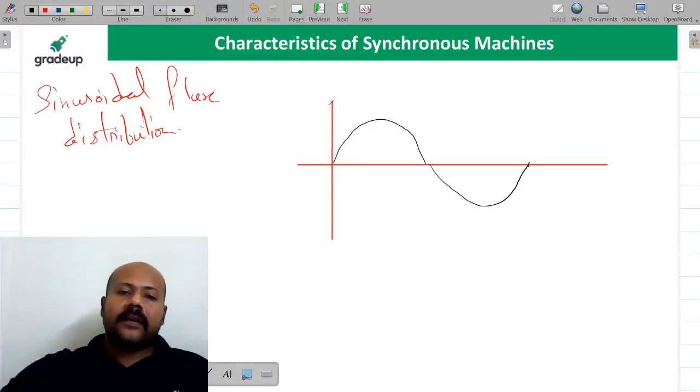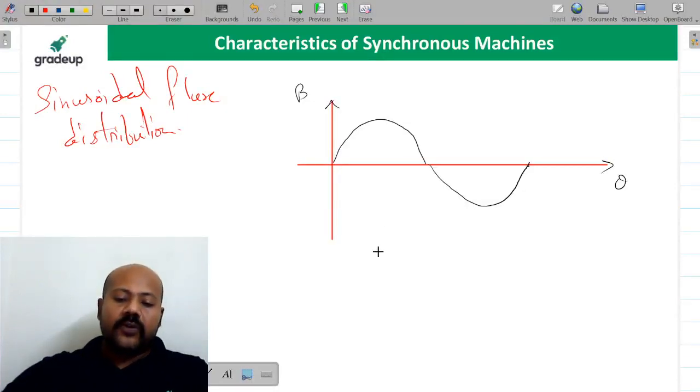For one cycle, suppose this is the magnetic field density and this is theta, the space angle you can say. Now you see, suppose you are having even harmonics. We are discussing right now with the even harmonics. If you are having even harmonics, then it is going to be something like this.